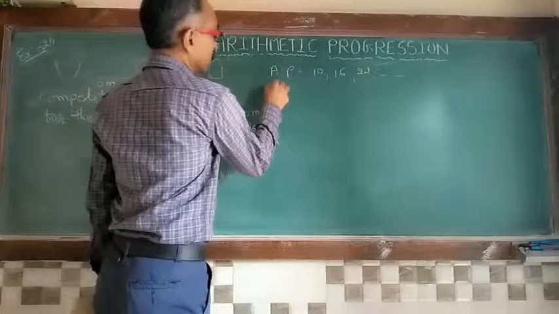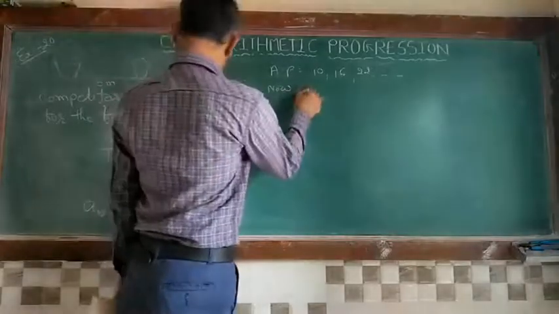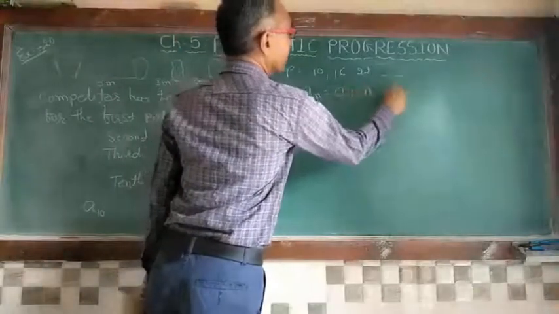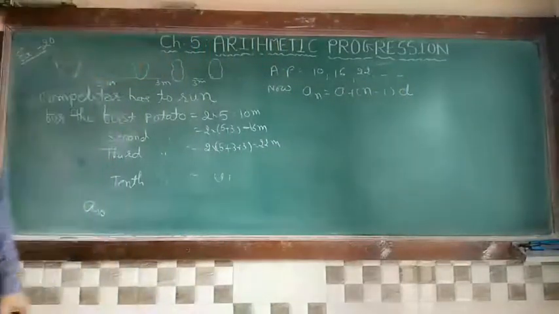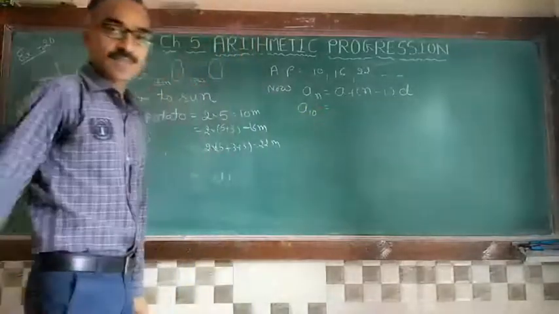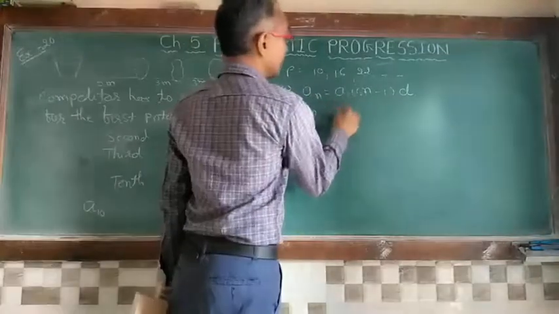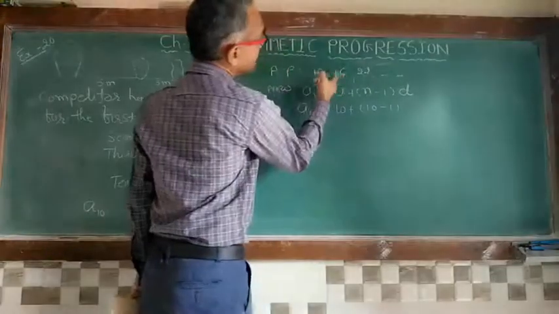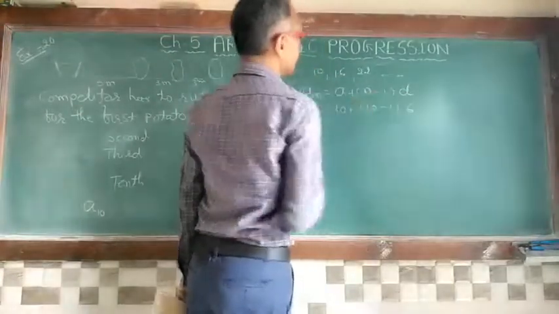Now, see, An is equal to a plus n minus 1 into d. Here you have to find A10. That means your first term is 10, plus 10 minus 1, and obviously 16 minus 10, that is 6.